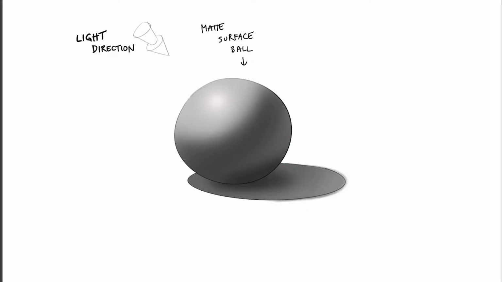And you have a highlight, of course. That's the part that is closest to the light source. So we're not doing reflective surfaces yet. And then you have the cast shadow, usually hard edged.